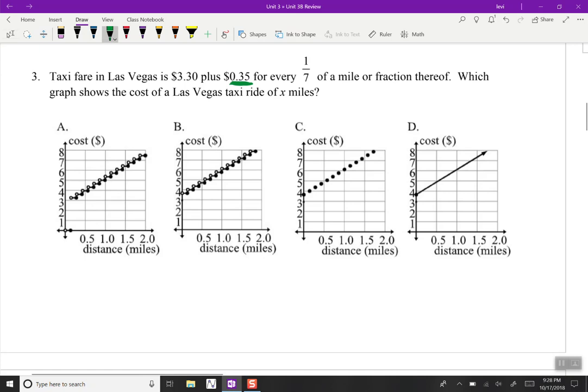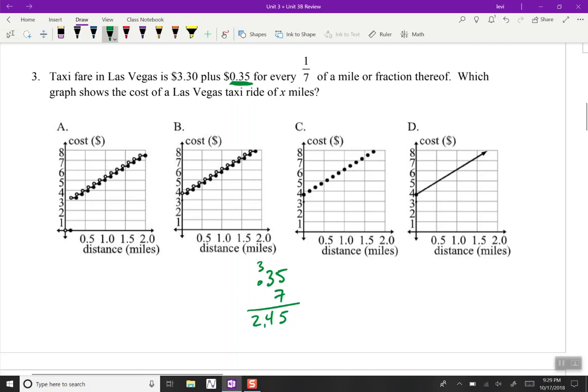So that means every 7/7 of a mile, what would that be? That would be 0.35 times 7. So for every 1 mile, we're getting an additional 7 times 5 is 35, 7 times 3 is 21, plus 3 is 24.